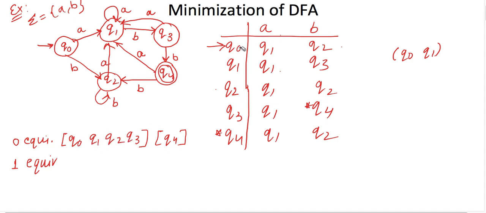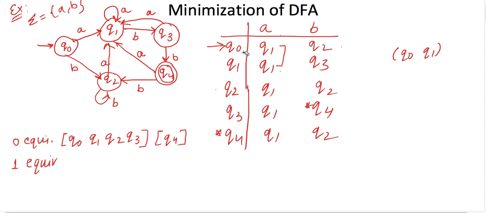You have to check these two. q0 and q1 are their states. For input symbol a, they are the same, and q1 falls under the same group. Anyway, if they are the same, then they are already equivalent because they are reaching the same state.